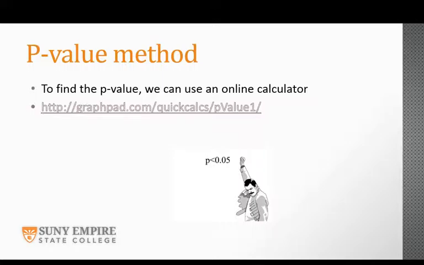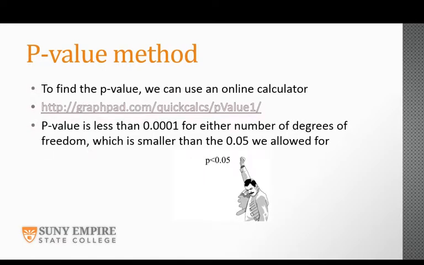To find the p-value for a t-score of 10.03, we could attempt to use a table of values. Unfortunately, this value will not be on any standard table. We instead could use an online p-value calculator, such as the one linked on screen.